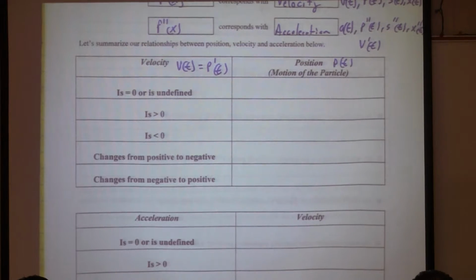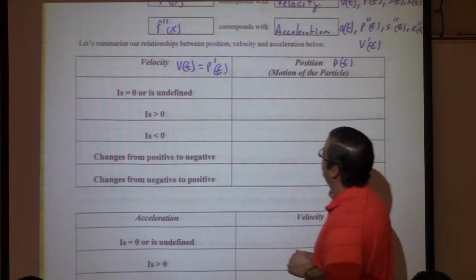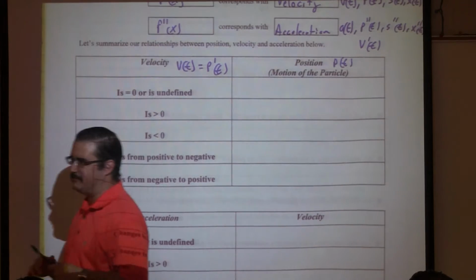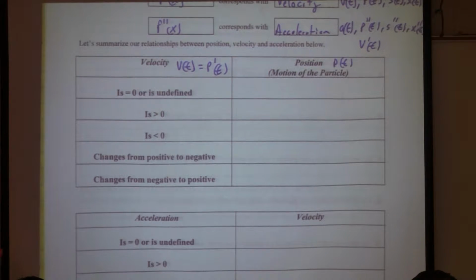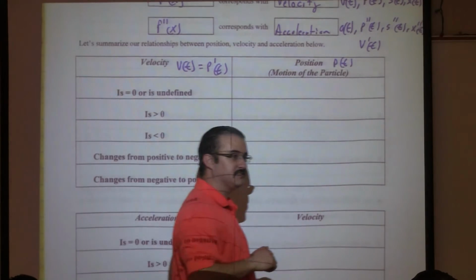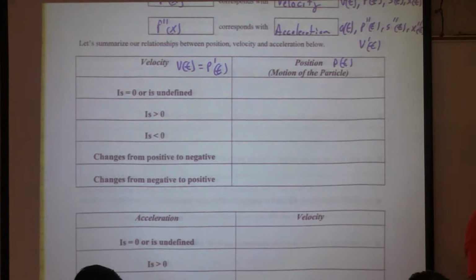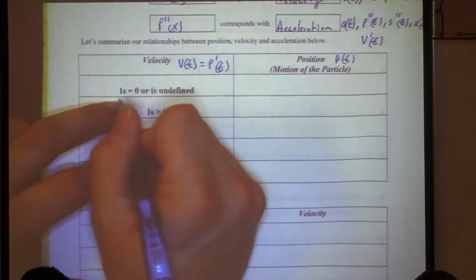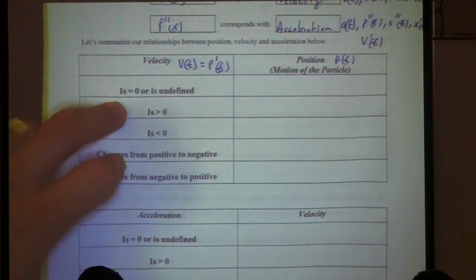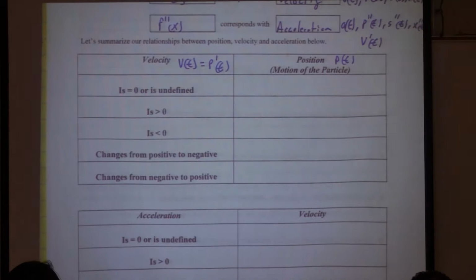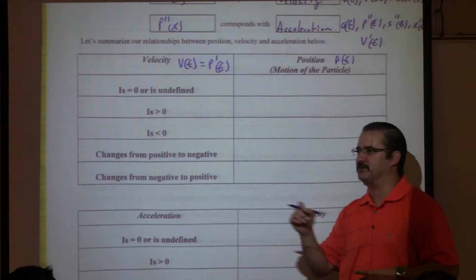What do you think we're going to say when we have a relative max or a relative min? It changes direction. So is it going to change from going to the left to going to the right, or from the right to the left? Either or? Okay, cool. Alright, so what does it mean when the velocity is equal to 0 or undefined? That's where we said we could have a potential relative max or min.